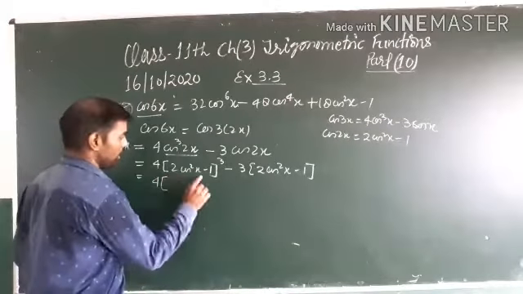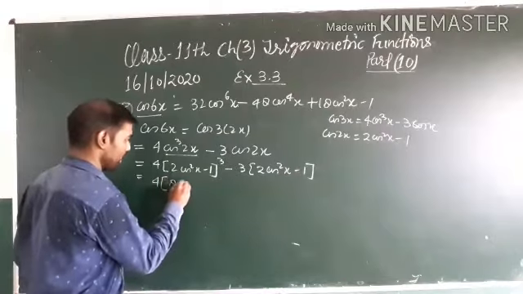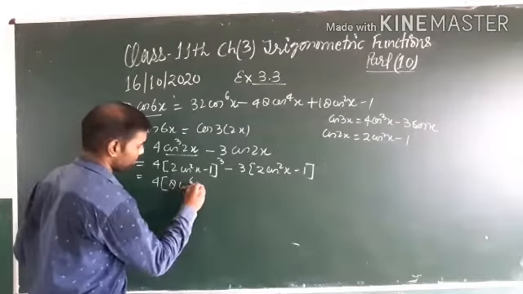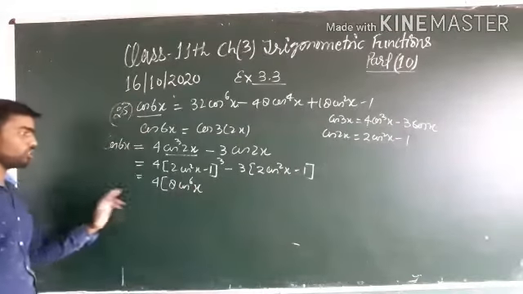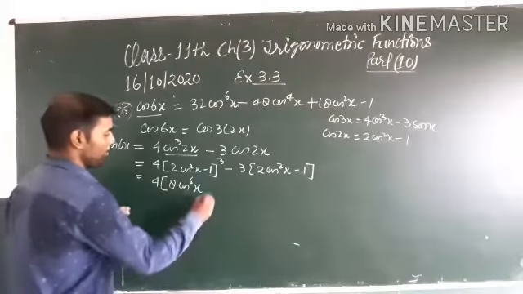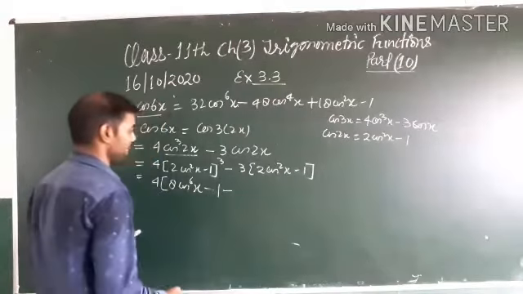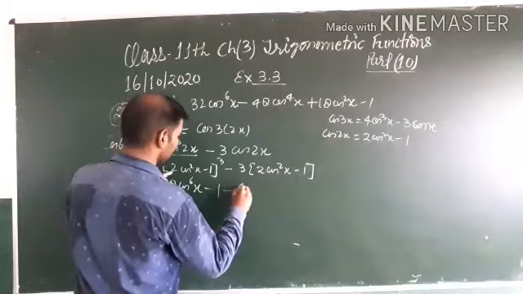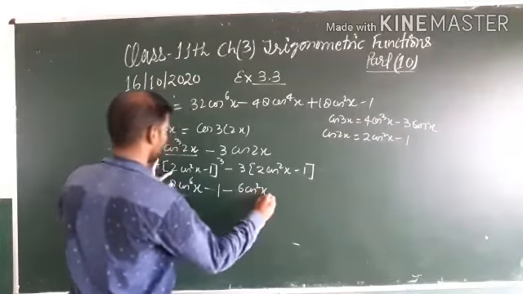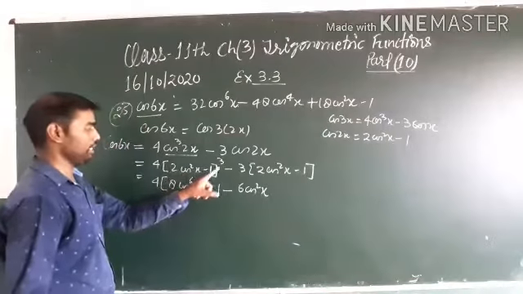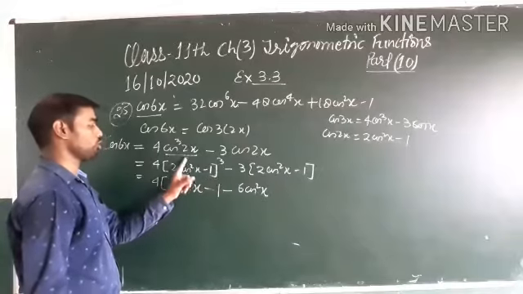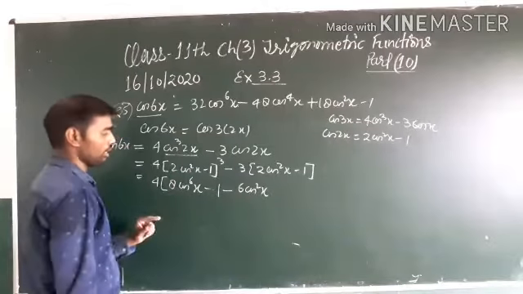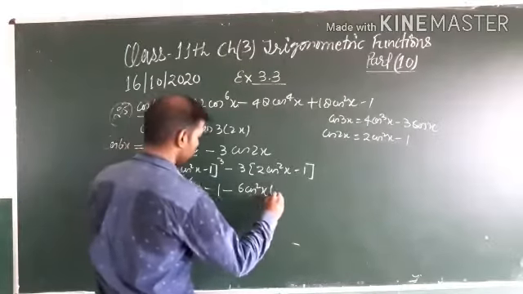That is a cube, which means 8 into cos to the power 6 of x, minus 1, minus 3ab, it means 3 into 2 is 6, and cos square x into 1, that is cos square x into (a minus b).